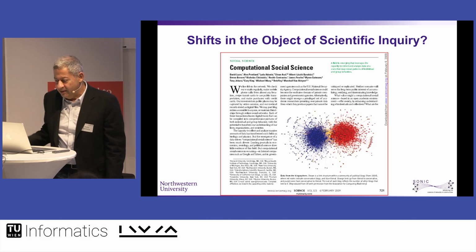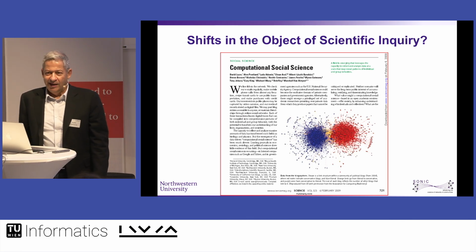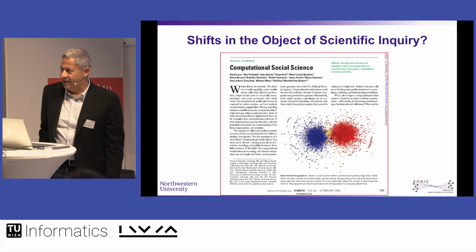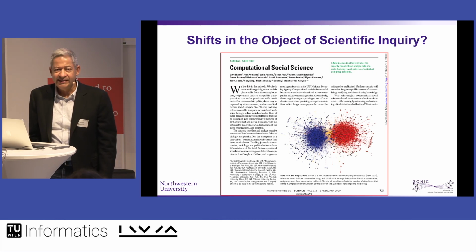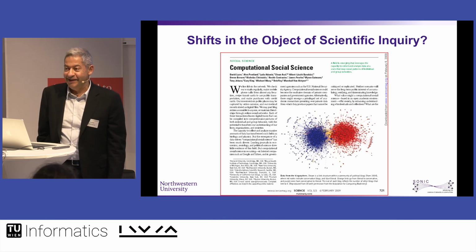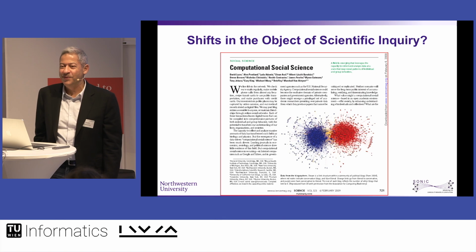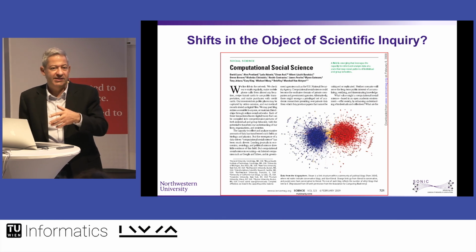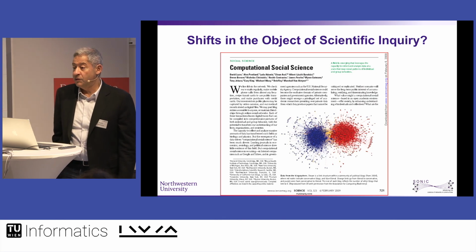So back in 2009, along with several other colleagues, we published this very small essay in Science magazine titled Computational Social Science. We had no idea at the time, when we wrote this article, that it would become a pretty well-cited landmark article that was used extensively since then to study social systems.